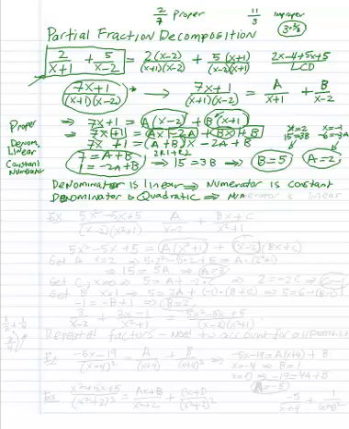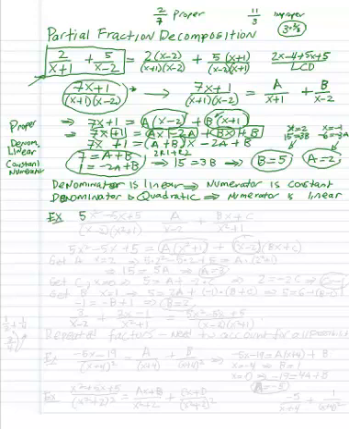So the numerator would have to be linear for it to be a proper fraction. And those are the two types of denominators that you will work with, because remember the fundamental theorem says we can always factor a polynomial into irreducible quadratics or linear factors, right? So let's take a look at an example here.